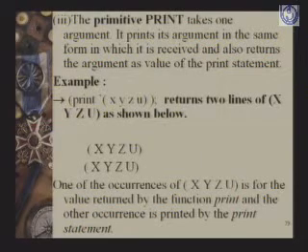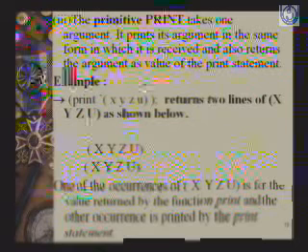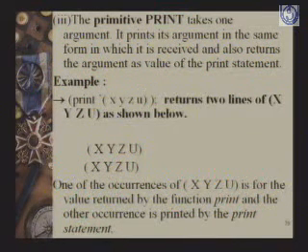When the command print quote x y z u list is given, the first line indicates that the value x y z u list is returned, and second, the print command is executed, which demands that we print the list x y z u. I hope this clarifies why there are two lines on the computer screen. The first line corresponds to the value returned, and the second line corresponds to the print command.